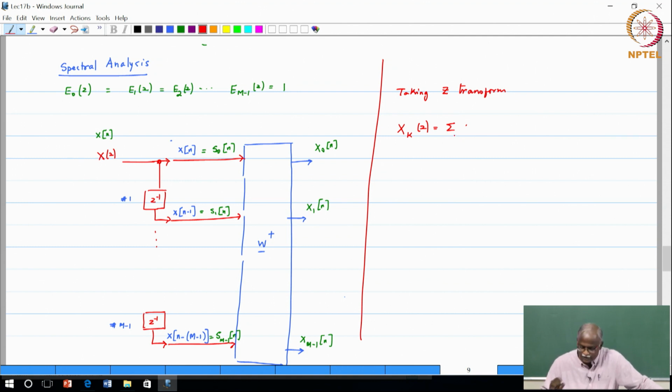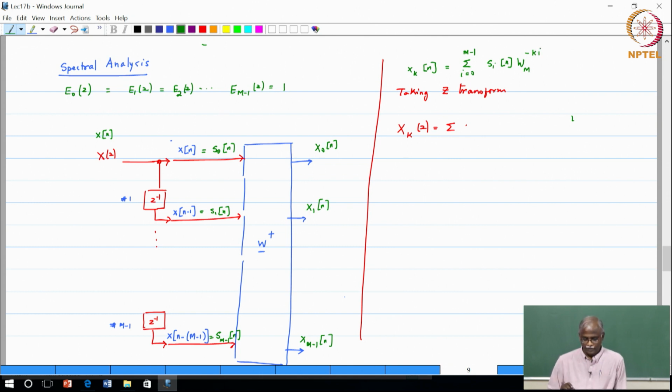So, before that maybe I will write down the time domain equation. xk of n can be written as the summation, i equal to 0 to M minus 1, of Si of n times W to the power M minus ki.